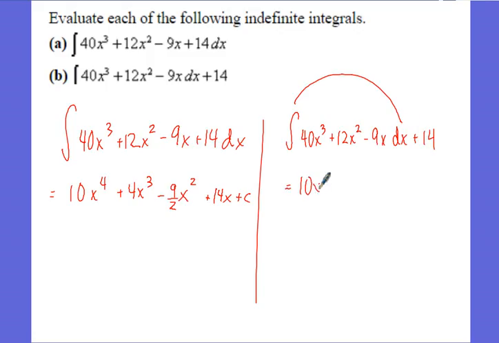So it'd be 10x to the 4th plus 4x cubed minus 9/2 x squared, and then plus the 14 just drops because it's not within my window of integration there. So then, just like what Bridge said, I do not have to add, in this case, a plus c because this is my constant. Does everybody understand that? Okay? We good?